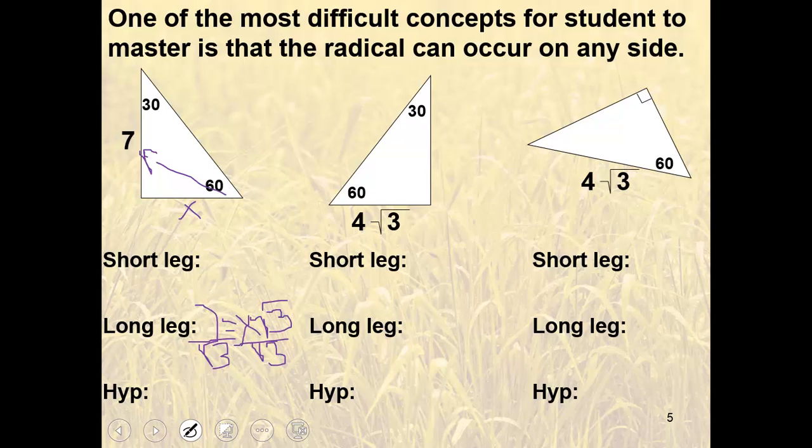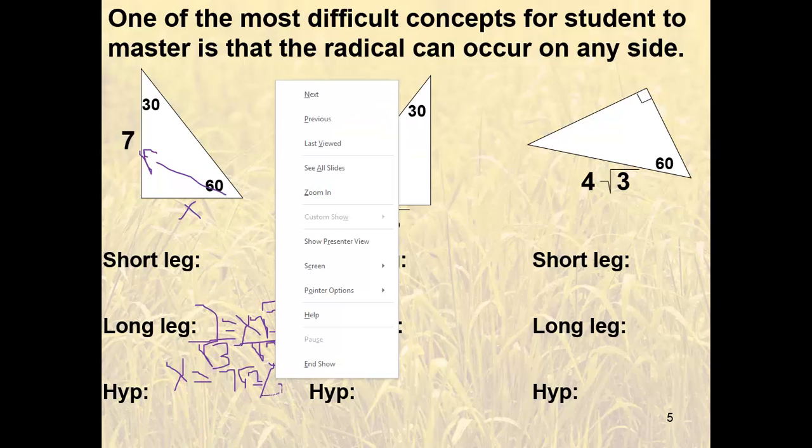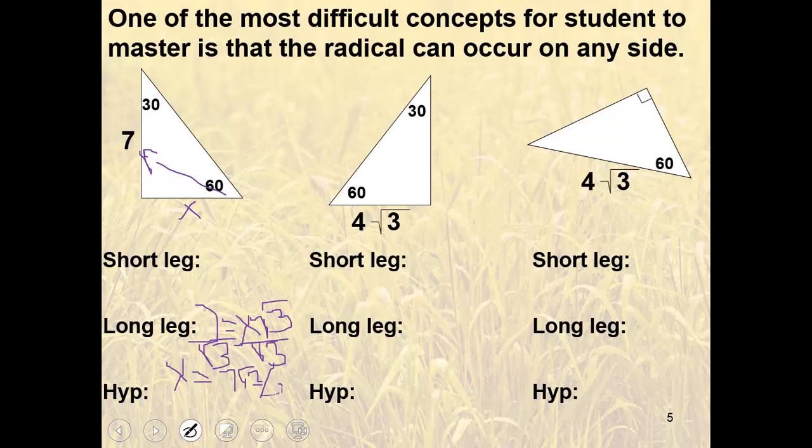When I do that, I have to rationalize my denominator over here. Okay? So that means x has to equal 7 square roots of 3 over 3. So here is 7 square roots of 3 over 3. How do I find my hypotenuse?